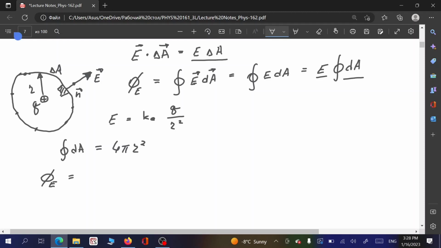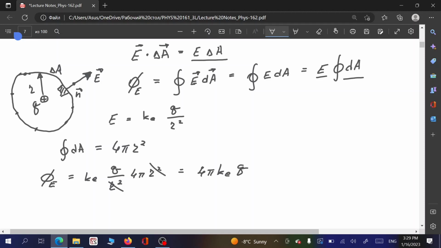It will be Ke times Q times R squared. And instead of integral, we have 4 pi times R squared. So we cancel out radius, and we have 4 pi Ke times Q.